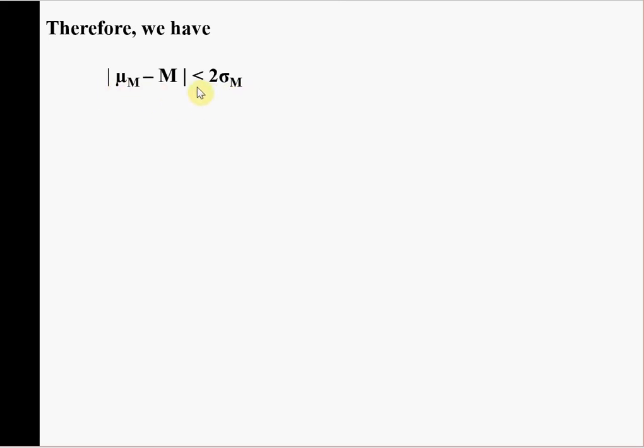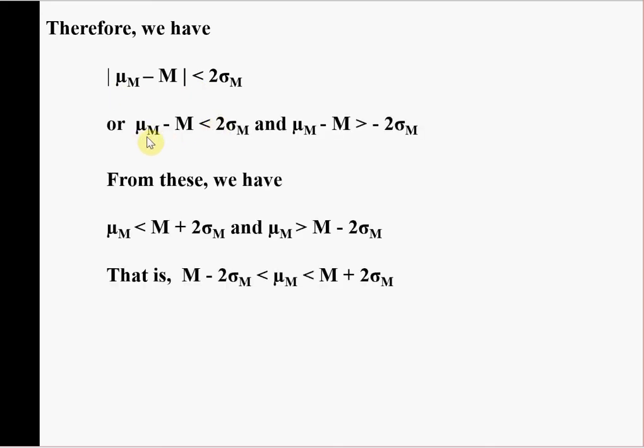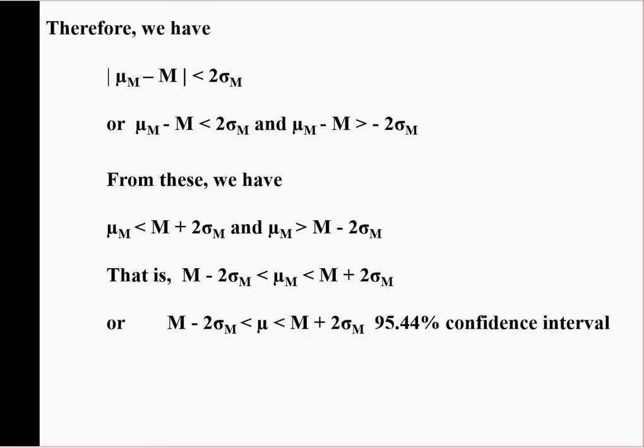We open up this absolute sign and obtain two expressions, positive and negative, which can be rewritten as two separate expressions, and then written as one inequality. Then we substitute the population mean for the mean of the theoretical sampling distribution of the sum of mean to obtain this expression. This expression gives us a 95.44% confidence interval.